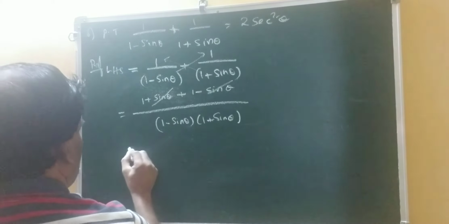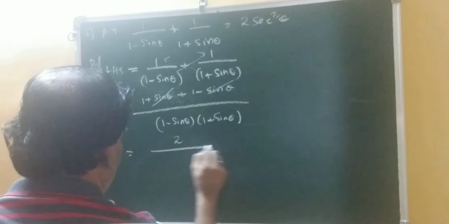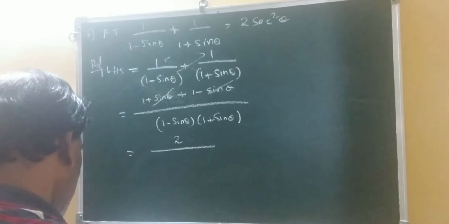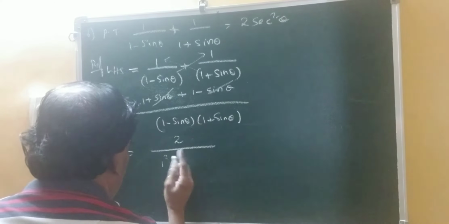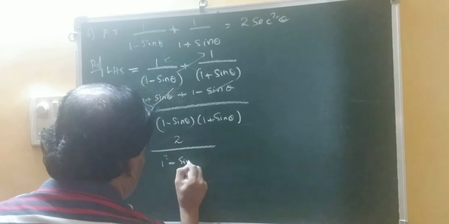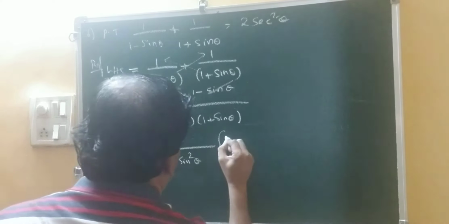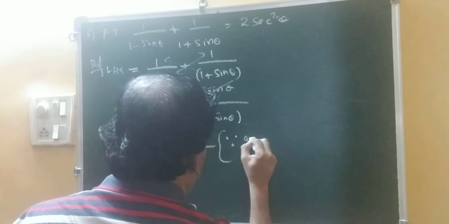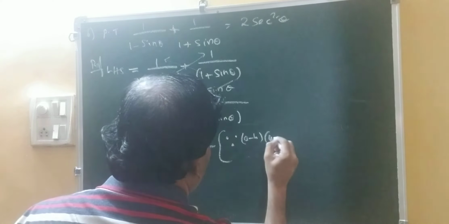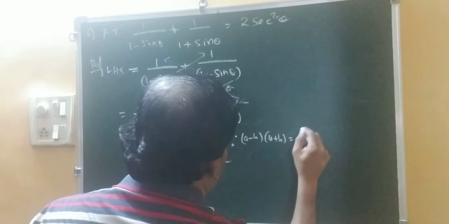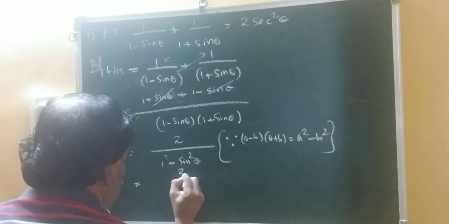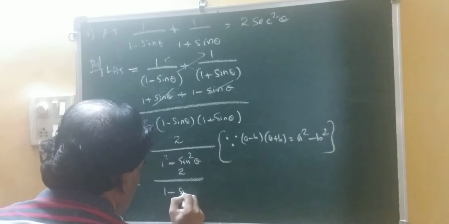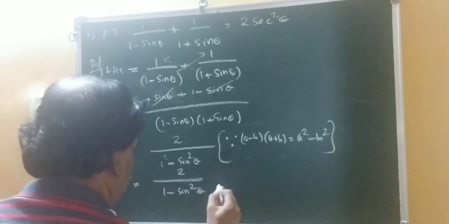This will get cancelled. You will be getting 2 upon. Now, what is a minus b into a plus b? A square minus b square. What is the reason? A minus b into a plus b equal to a square minus b square. Now, it is 2 upon 1 minus sin square theta.